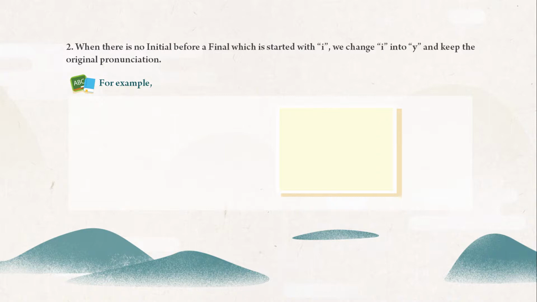Rule 2. When there is no initial before a final which is started with i, we change i into letter y and keep the original pronunciation.